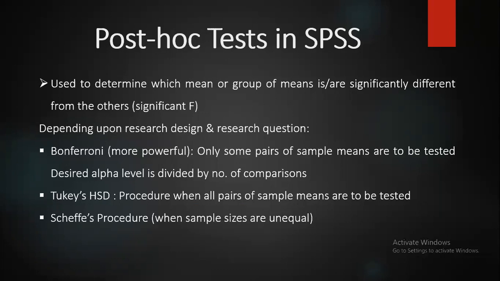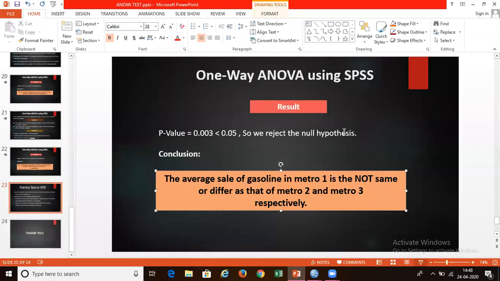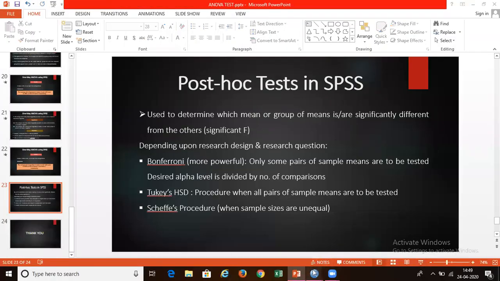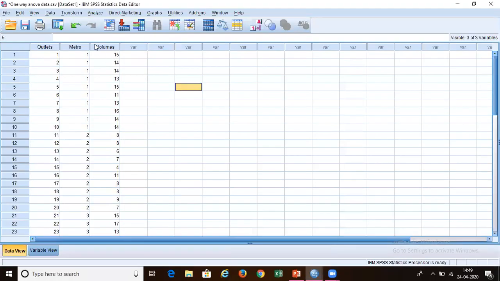Next is Tukey's. This procedure is followed for all the pairs of sample means that are to be tested. And lastly, you can have it if the sample sizes are equal, that is Scheffe's procedure.